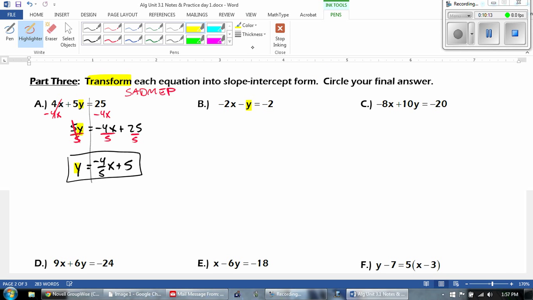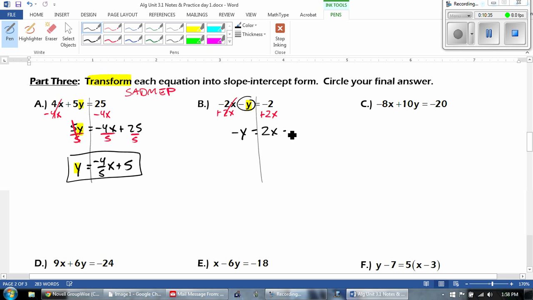Okay? So the first thing we have to do is find the y. And then the 2x is there, it's a negative 2x, so I'm going to add it to the other side. Now, don't forget that that is a negative y. So negative y equals 2x minus 2.